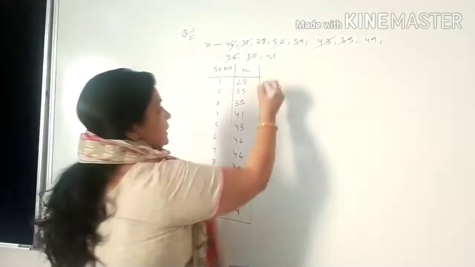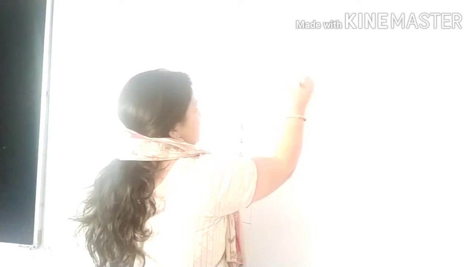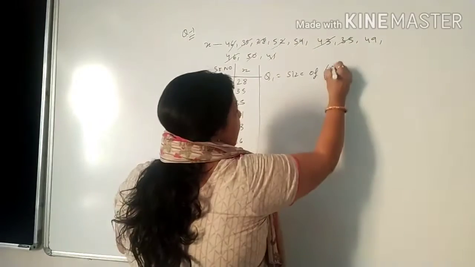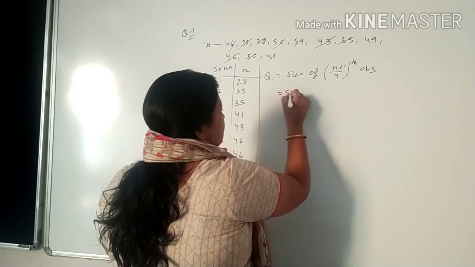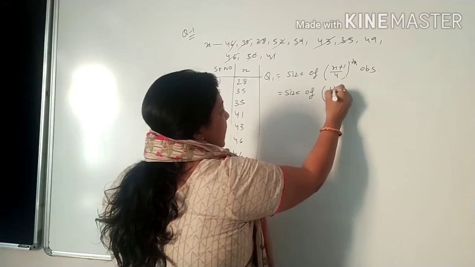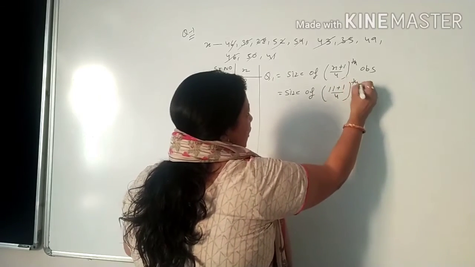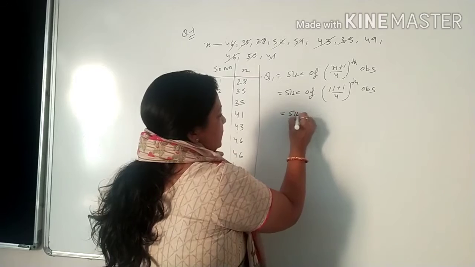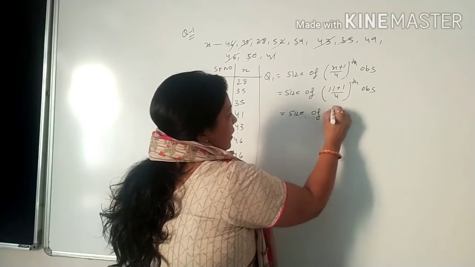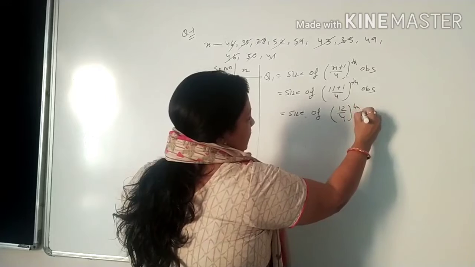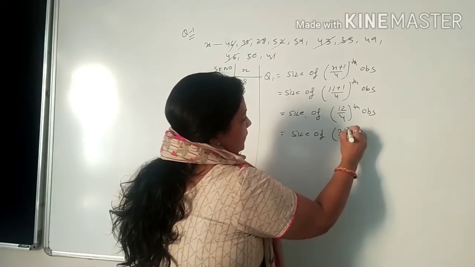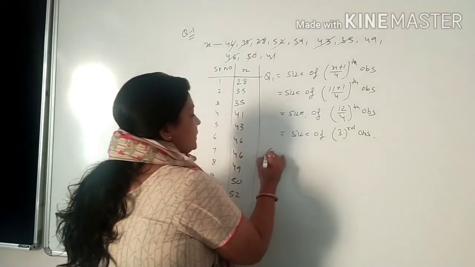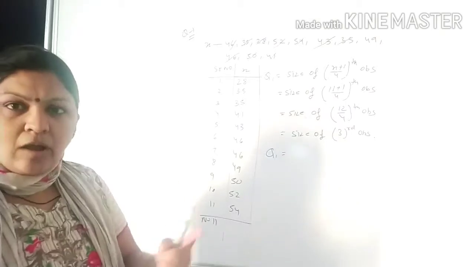Now just use the formula for the individual series. Q1 equals the size of (n plus 1) by 4th observation. So the size of 12 by 4th observation, which is the 3rd observation.